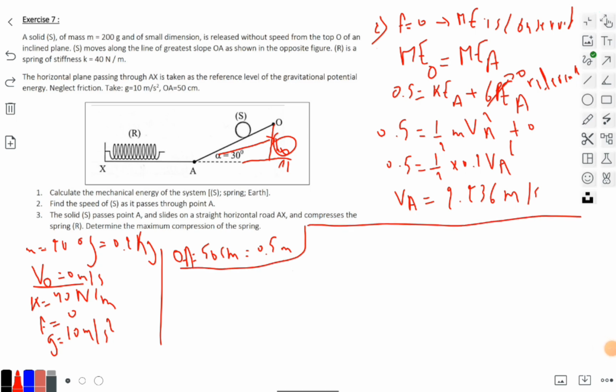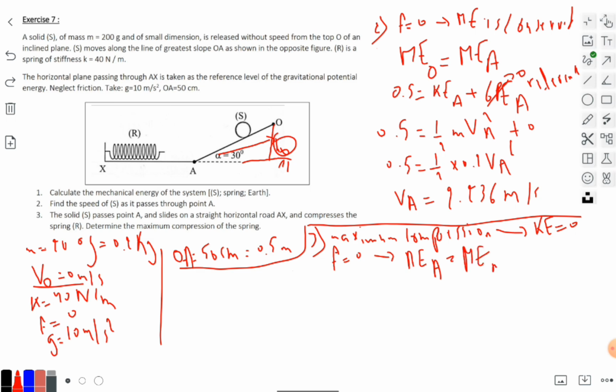Part 3. The solid S passes point A and slides on a straight horizontal rod AX and compresses the spring R. Determine the maximum compression of the spring. At maximum compression, kinetic energy equal to 0. And we have friction equal to 0, then mechanical energy at point A equals mechanical energy at maximum compression.